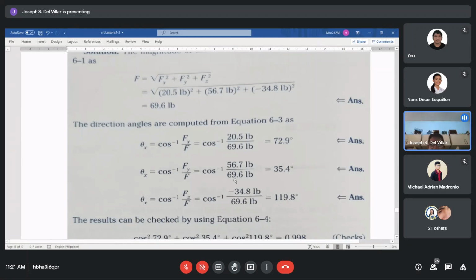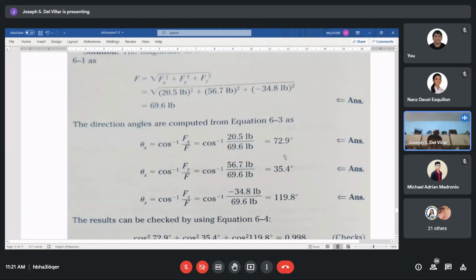So dito, 72.87 degrees. Okay? So ang divisor nyo dito is 69.61, yung 2 decimal place na galing sa F. Okay? Dito ganun din. 69.61 ang divisor nyo, pare-parehas. Okay? So you have all of this, 72.87 degrees.